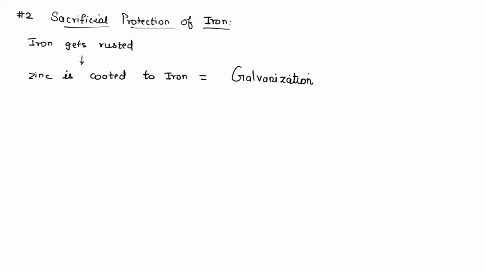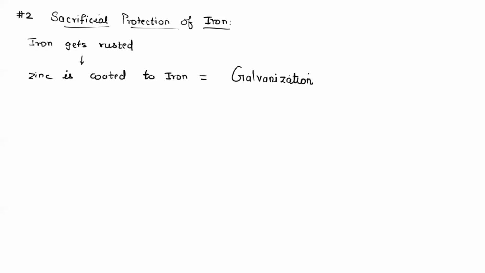Iron gets rusted, so for protection, zinc is coated onto iron, and that is called galvanization.